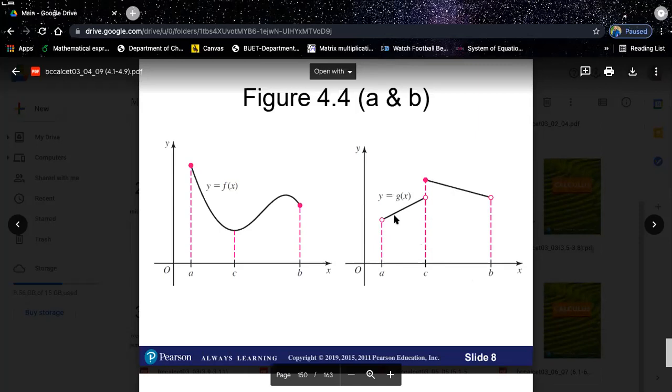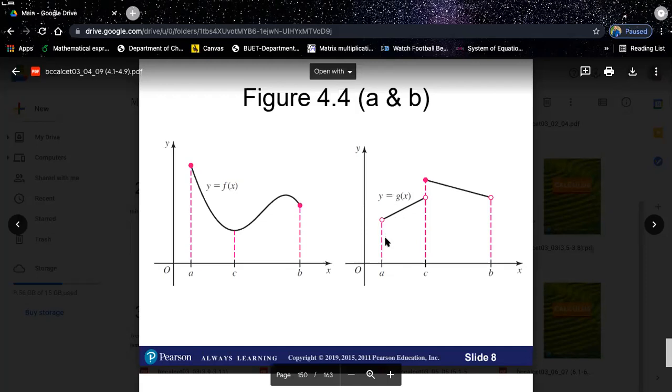So definitely, either way, since this is open, this interval can't be closed, because for an interval to be closed, both endpoints have to be included, and that's not the case.